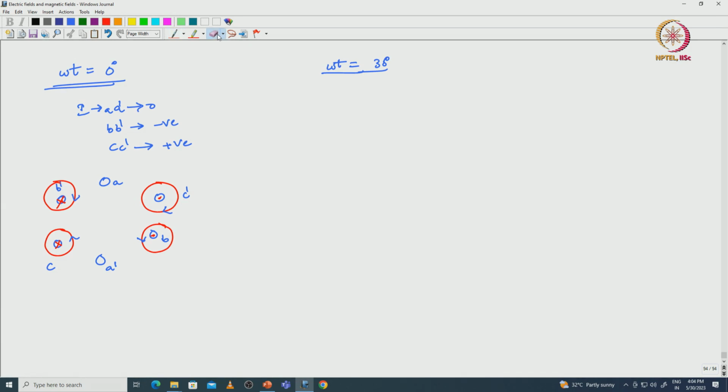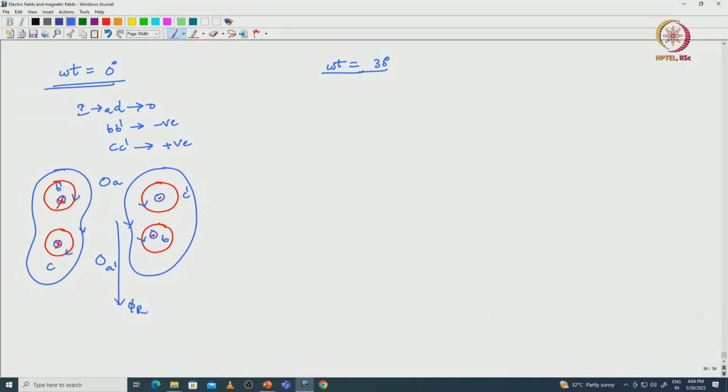In that case, with respect to the cross, we will see the clockwise direction of magnetic fields, and with respect to the dot, anti-clockwise. Then the resultant flux loop is in this direction.